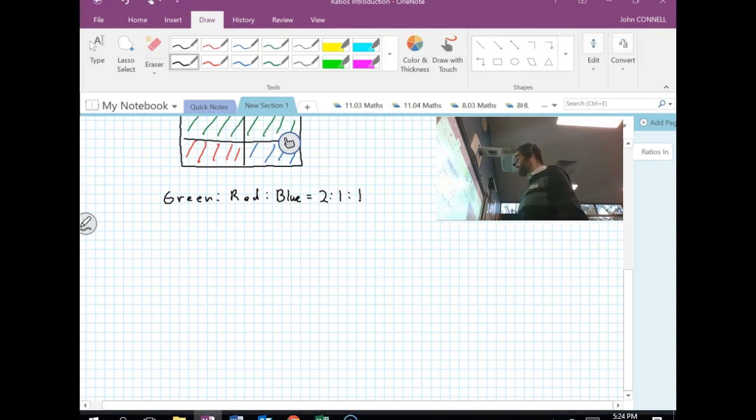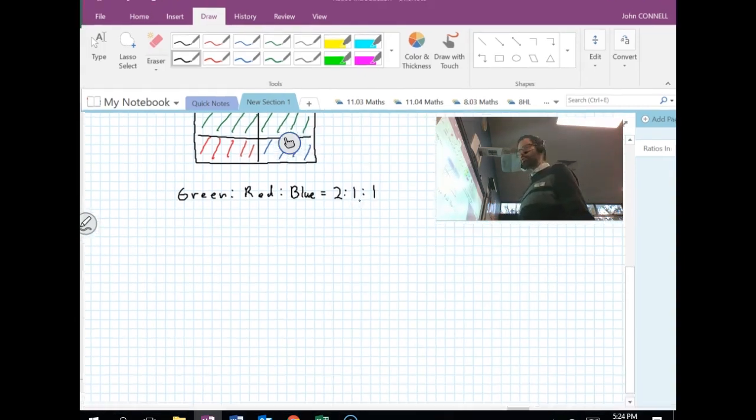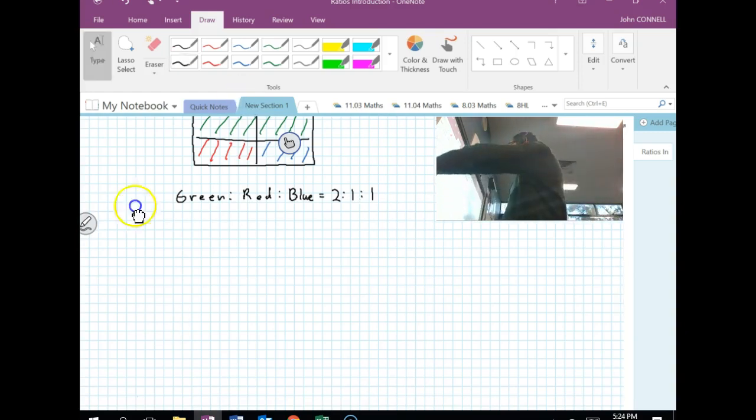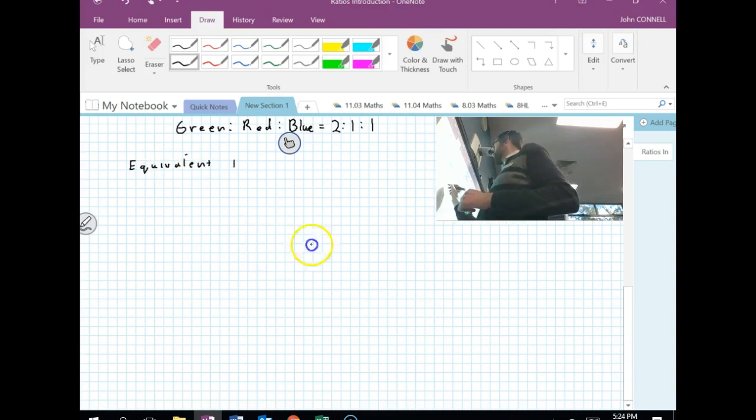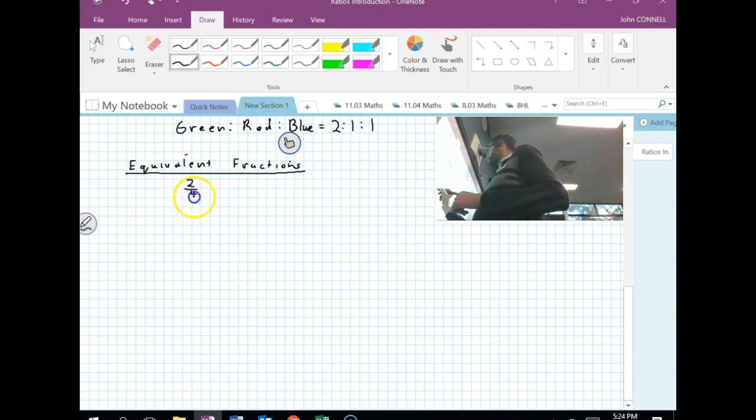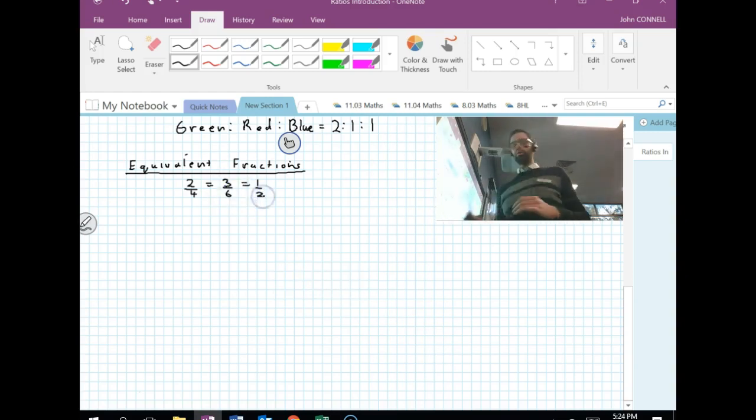Now, when we dealt with fractions, we saw that there was such a thing called equivalent fractions. Equivalent fractions are something like 2 on 4 or 3 on 6 or 1 on 2, which are all describing the same fraction.